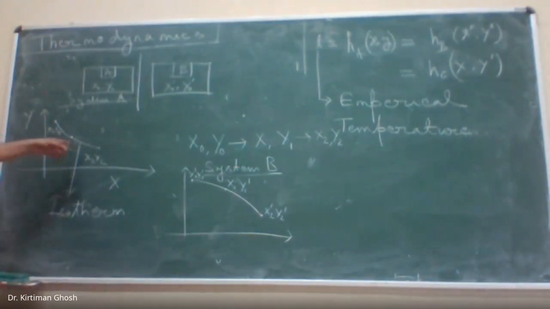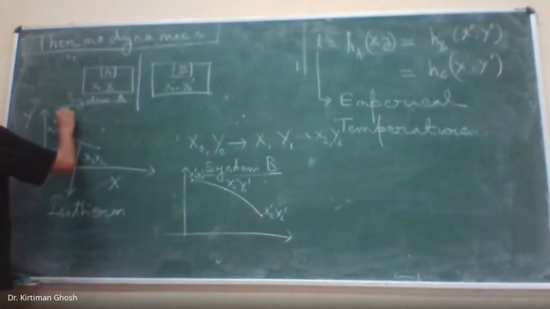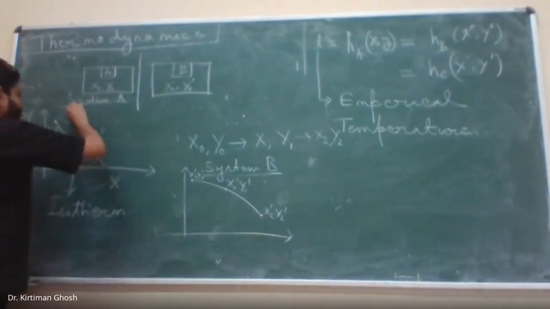This is one particular isotherm, a line on which each point specifies a particular thermodynamic state for a given system. An isotherm is the line on which each state is in thermal equilibrium with one another. Similarly, this is the isotherm for B. If I start from a different initial state, I will get another isotherm.